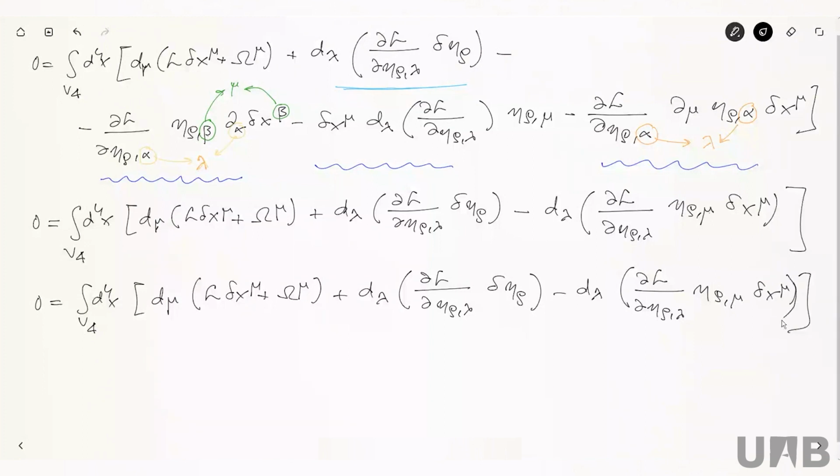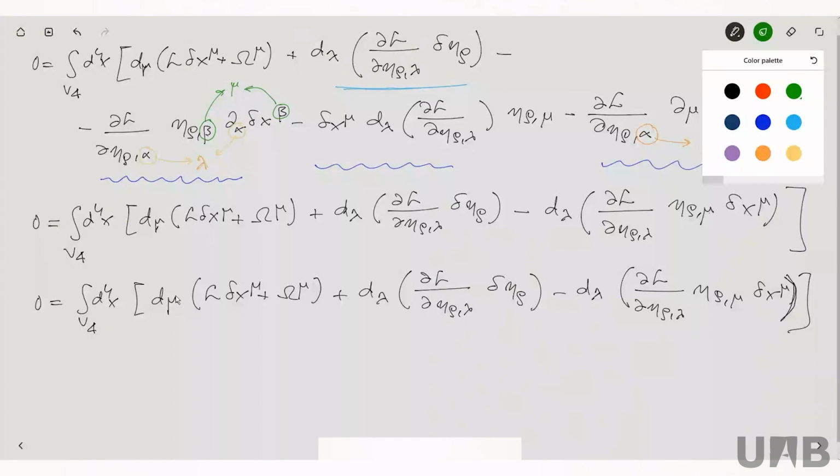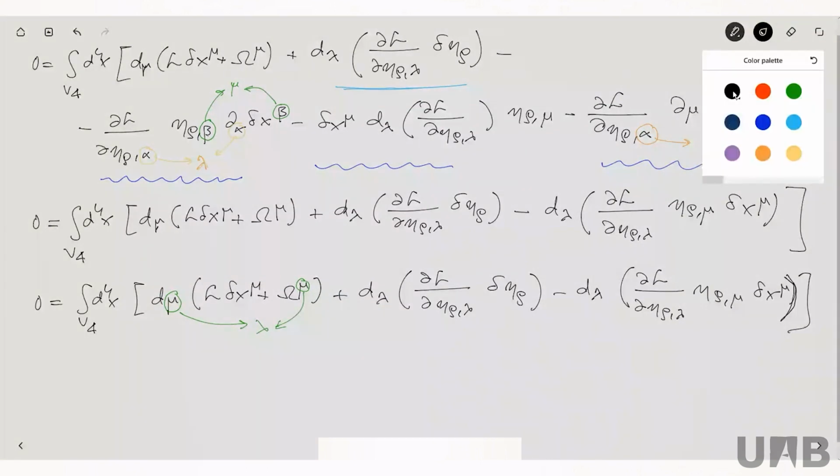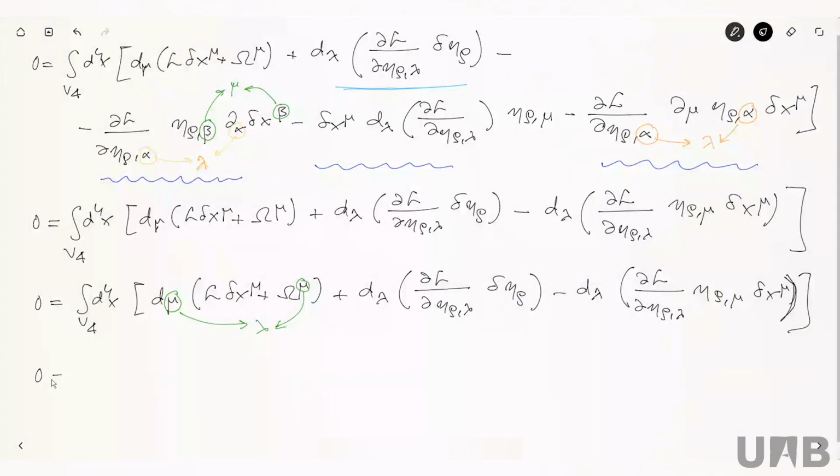Okay, oops, this is like this. All right, so now again, we'll relabel this index, and we're going to call it lambda. Okay, and we write this 0 as integral over the d4x, and then this is going to be d lambda times the derivative of L with respect to eta rho comma lambda delta eta rho plus omega lambda.